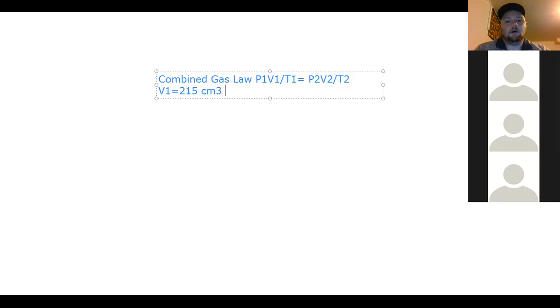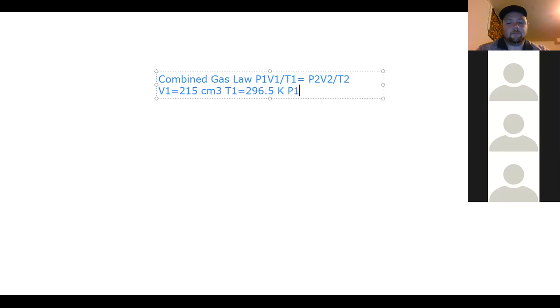It gives us our temperature as 23.5 degrees Celsius, so we add 273, and our T1 will be 296.5 Kelvin.